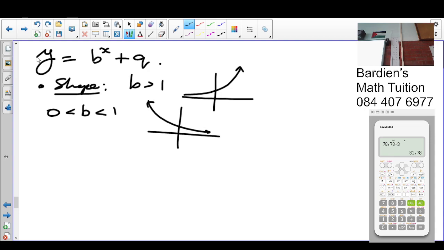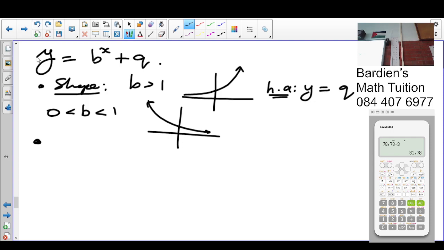That's number one. The exponential graph has one asymptote. Okay, remember when we drew this graph using a table? And the asymptote of this graph was y is equal to q, this horizontal asymptote. The hyperbola has two asymptotes. The exponential graph has one asymptote.